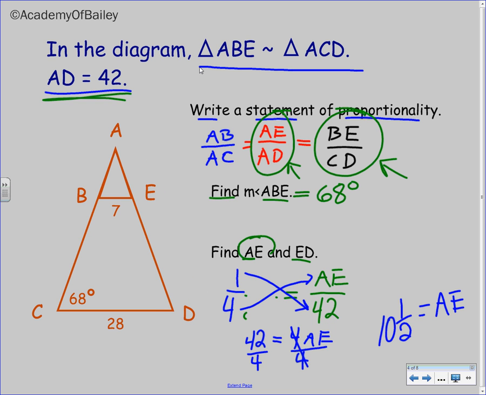All right. So we found AE. We need to find ED. So let me go ahead and erase some of this. If you need to pause the video to catch up, write that down, go ahead and do that.